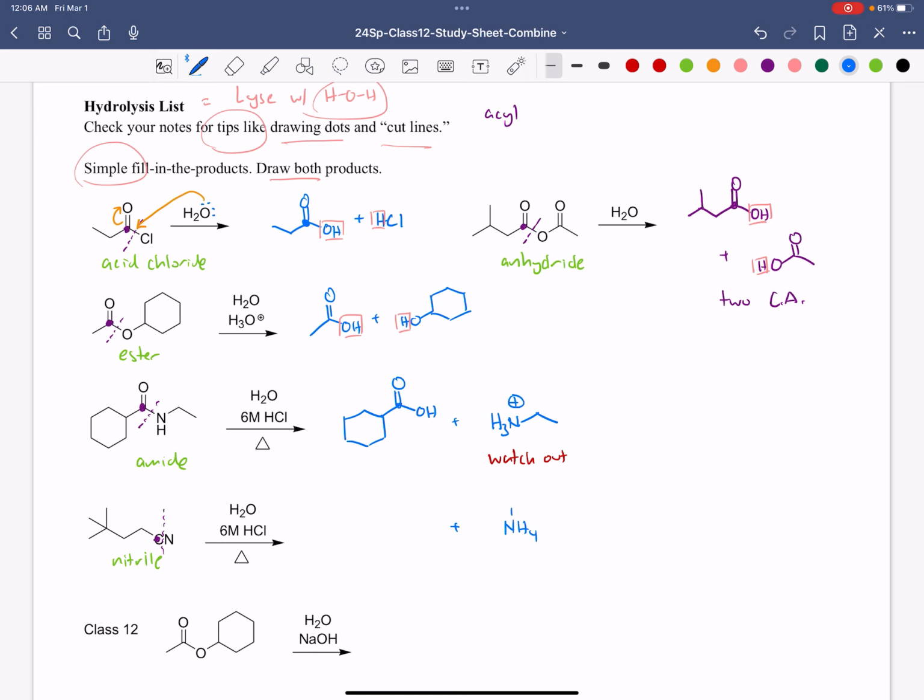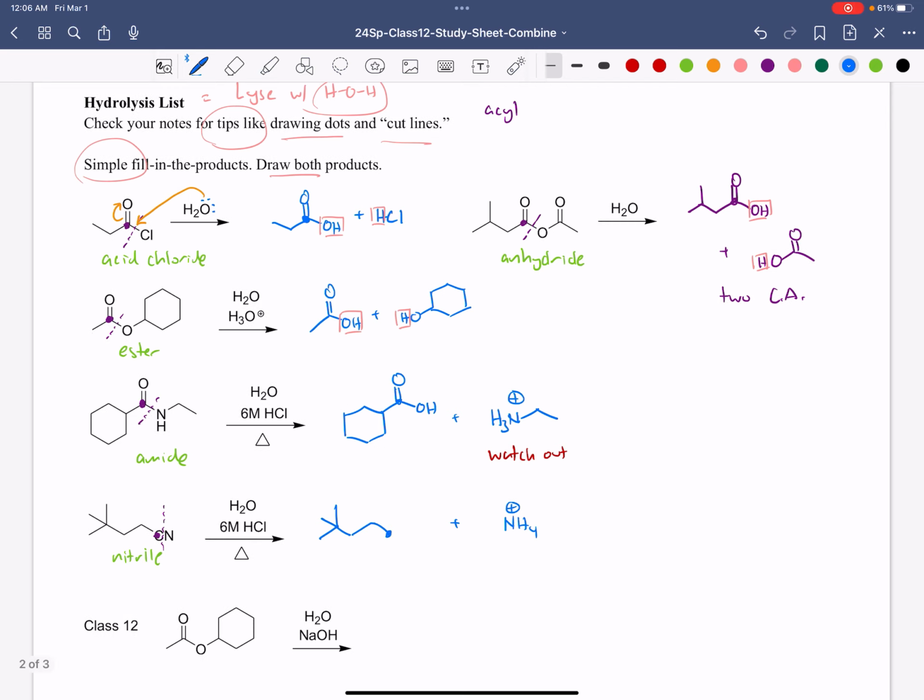Just make it positive, a nitrogen with 4 bonds, and it stops. You're not going to protonate it a second time to make it +2. You know what a protonated amine should look like. And the other side, the left, that is your dot. And yes, again, that dot is the carboxyl group.